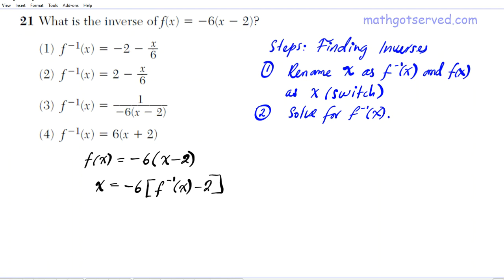To accomplish that, we're going to first divide by negative 6, and then add 2 to both sides, and that will be the inverse function. So to get rid of negative 6, we divide both sides of our equation by negative 6. And the negative 6's divide out on the right side.